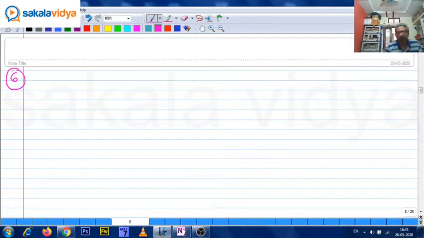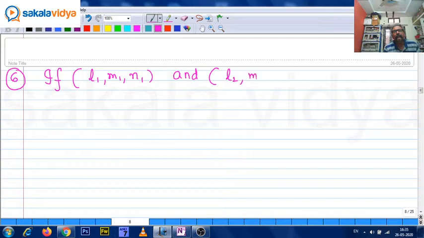Sixth point. If L1, M1, N1 and L2, M2, N2 are the direction cosines of two concurrent lines.